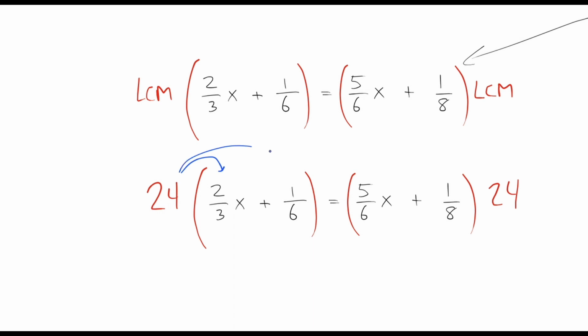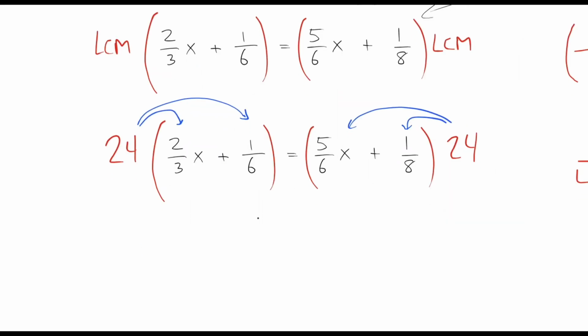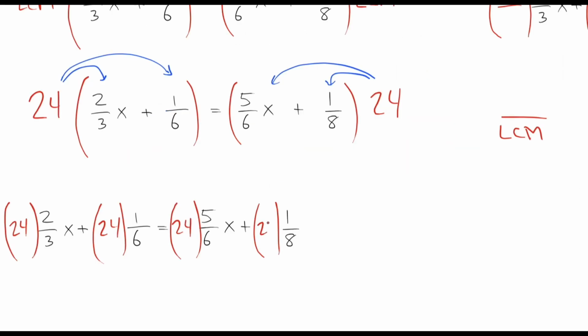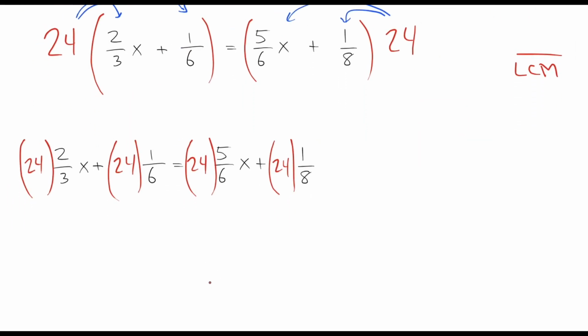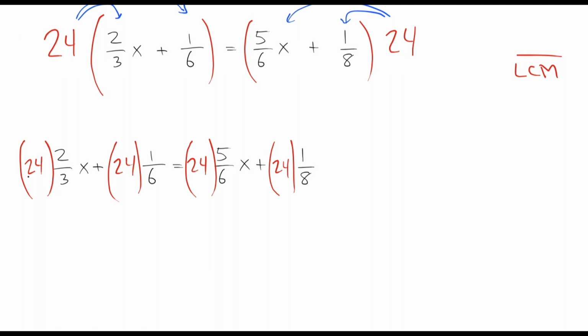So send the 24 here and here. And we'll send this 24 there and there, so every term gets multiplied by 24. If you wanted, you could basically write it like this. 24 gets multiplied by everybody. When we multiply those things, they're all going to cancel to just integers.